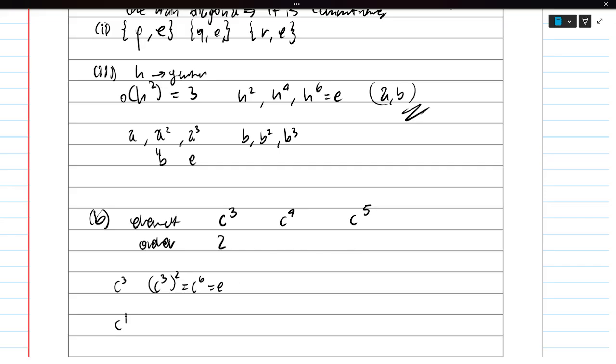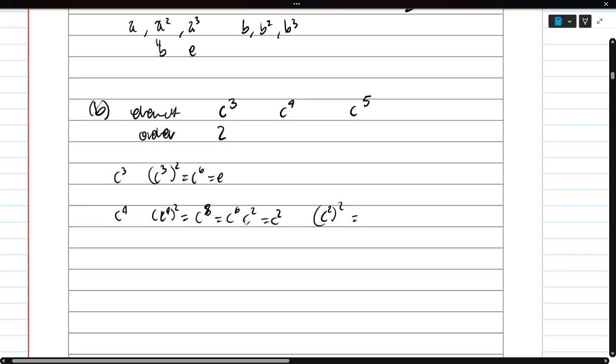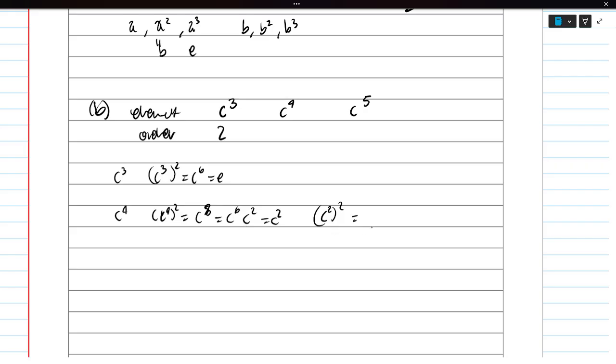C4, we can do the same thing. C4 squared is C to the 8. But C to the 8 is C to the 6 times C to the 2, which is just C to the 2. And then C to the 2 squared is equal to, was that correct? Yes, C to the 2 squared is equal to C to the 4. Wait, hold up, hold up.